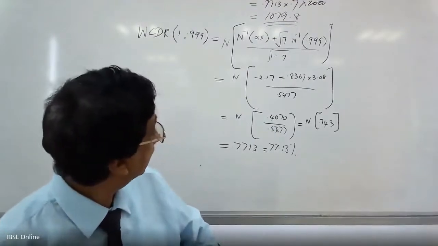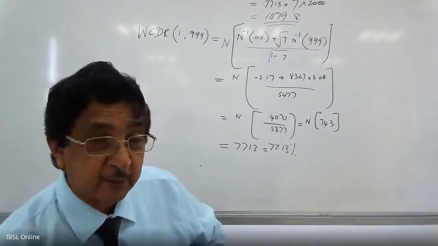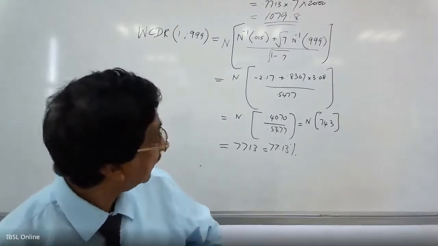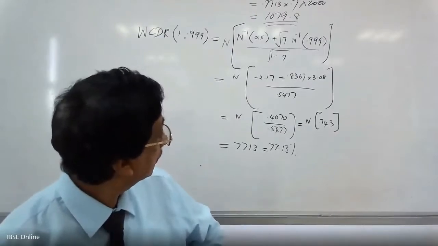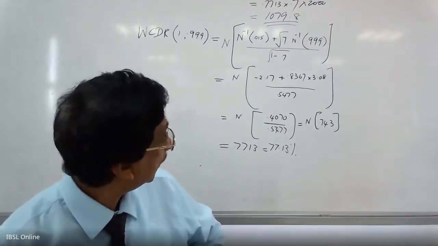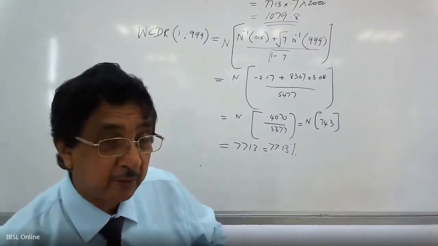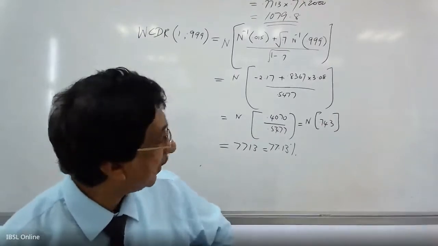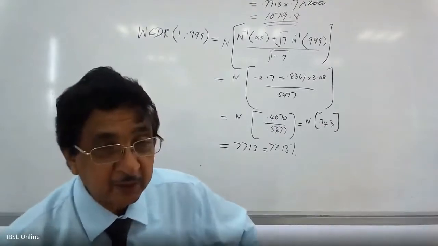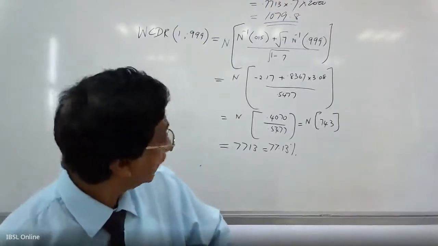The square root of 0.7 is 0.8367, into the inverse normal of 0.999, which is 3.08, divided by the square root of 0.3, because 1 minus 0.7 is 0.3. The square root of 0.3 comes as 0.5477.